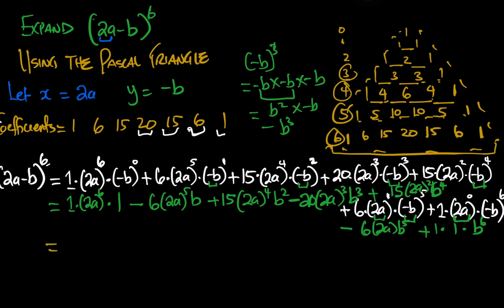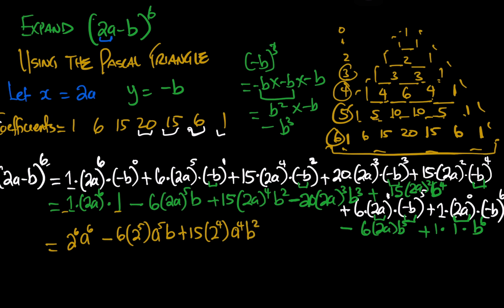Now, let's see how we can simplify this. This is going to give us 2 to the power 6, a to the power 6. But 1 and 1 is just 1, right? And it's going to give us minus 6 times 2 to the power 5, a to the power 5, b. And it's going to give us plus 15 times 2 to the power 4, a to the power 4, and b squared.